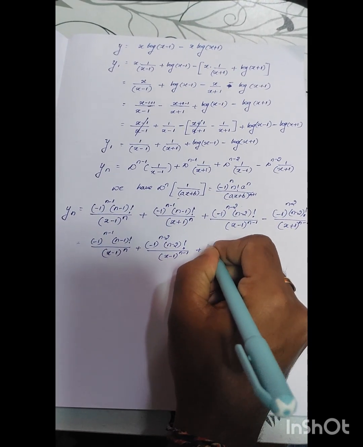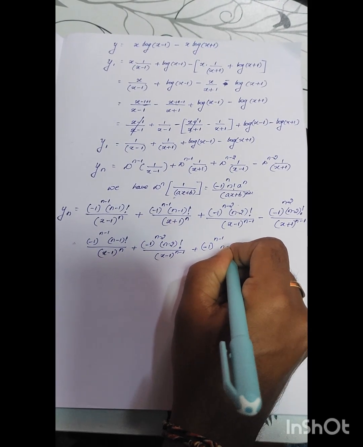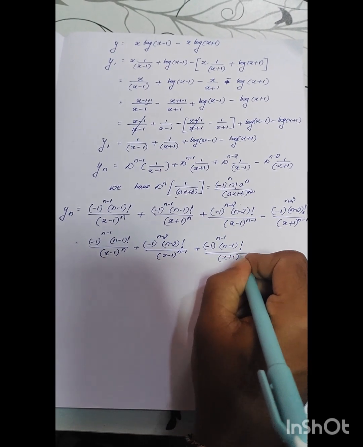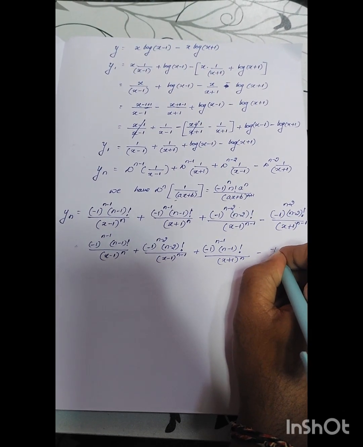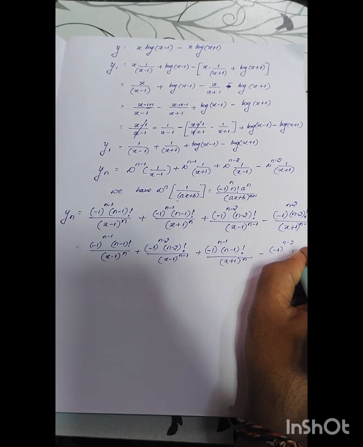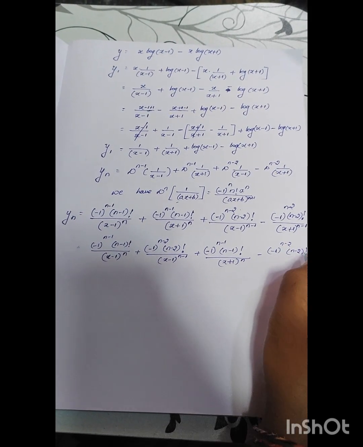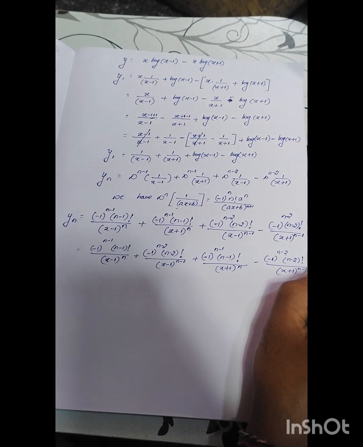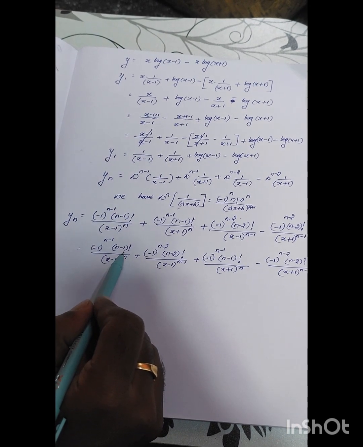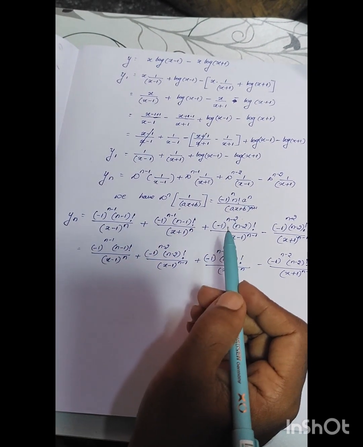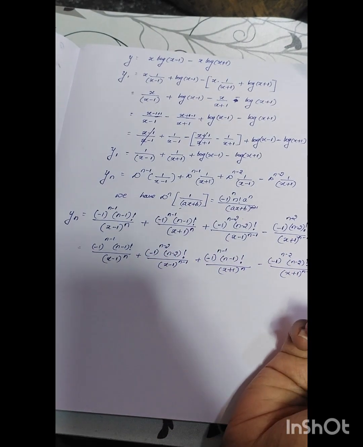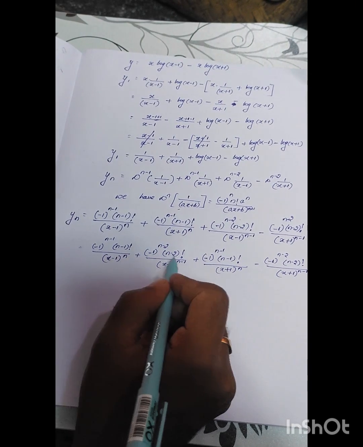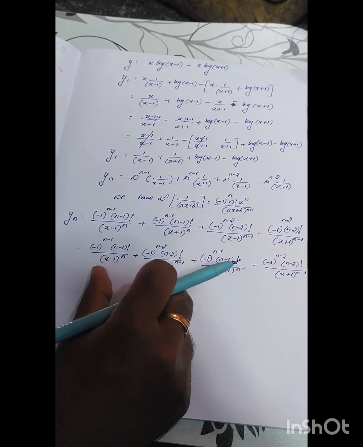So minus 1 raised to n minus 1 factorial divided by x plus 1 raised to n, and this is minus 1 raised to n minus 2 factorial divided by x plus 1 raised to n minus 1. So if we see here, n minus 1 factorial can be written as n minus 1 into n minus 2 factorial, just as 5 factorial can be written as 5 into 4 factorial, so that we can take n minus 2 factorial common from these two terms.